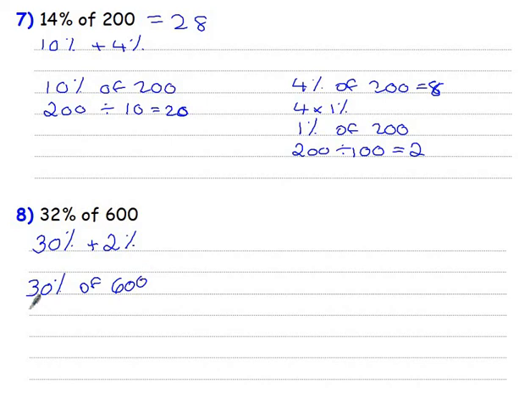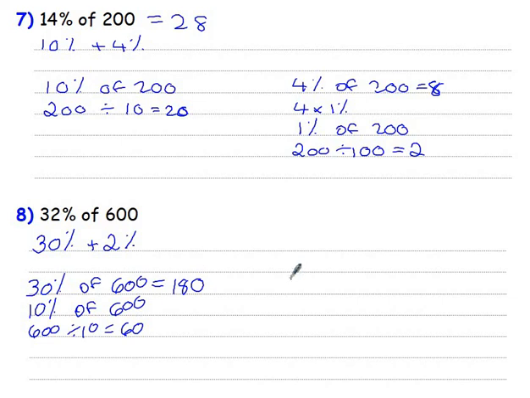And to do that, we can find 10% of 600. And we do 600 divided by 10, which is 60. So 10% is 60, which means 30%, 3 times 60 is 180.